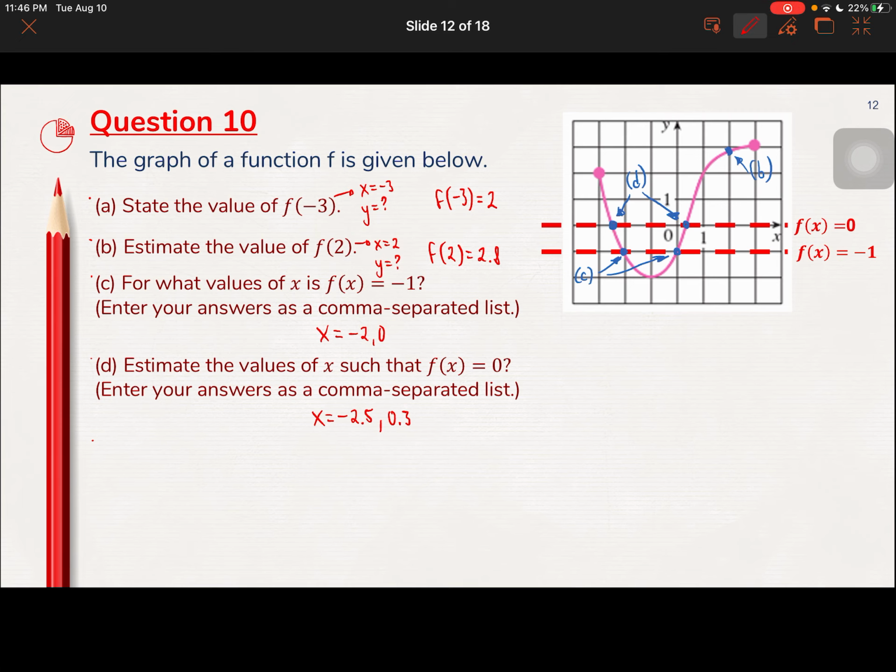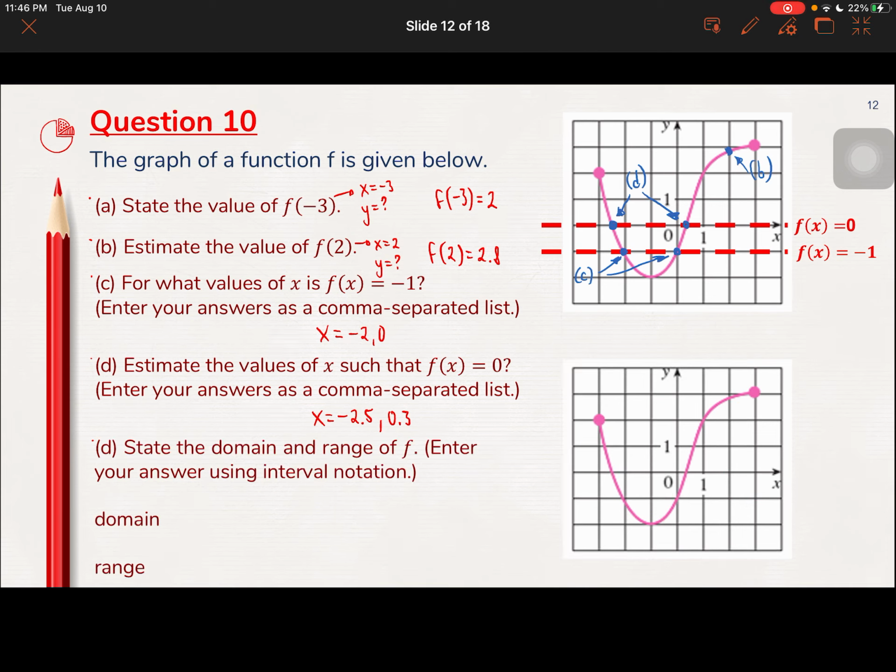Okay, now for the next one, we need to state the domain and range of the function, and we are going to answer this using interval notation. Okay, so remember that the domain is the set of values for x.